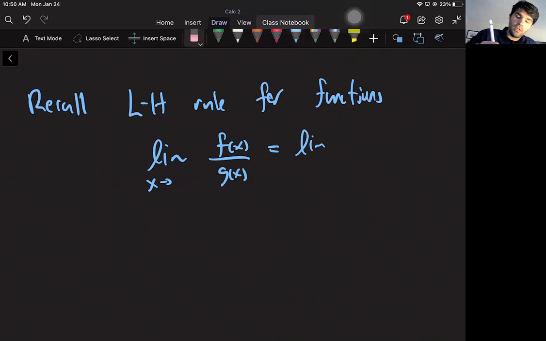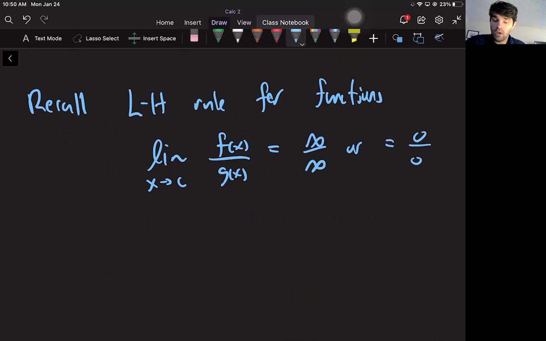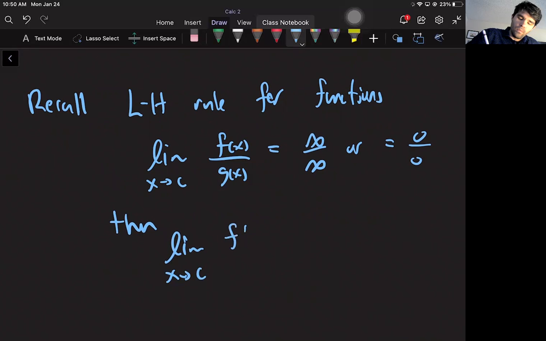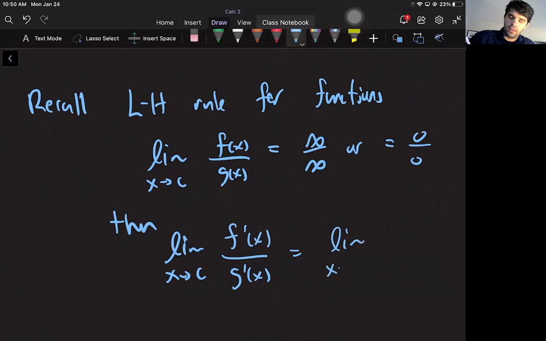This doesn't have to be infinity. This could be this. So if this equals infinity over infinity, or 0 over 0, then what you can do is take the derivatives of the top and bottom to figure out the limit that you're looking for.